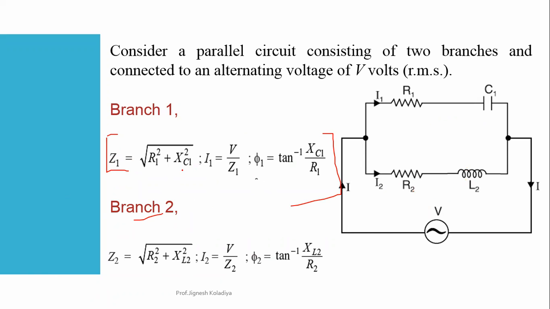Just replace XC by XL: Z2 is square root of R2 square plus XL2 square, then I2 is equal to V upon Z2, and for phi 2 again you just replace XC1 by XL, so tan inverse XL2 by R2. So we have the magnitude and phase angle of the branch currents.